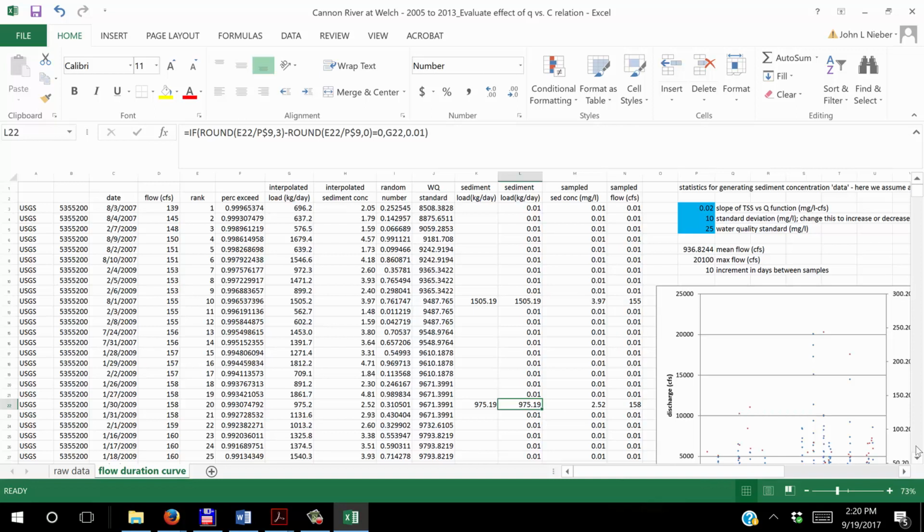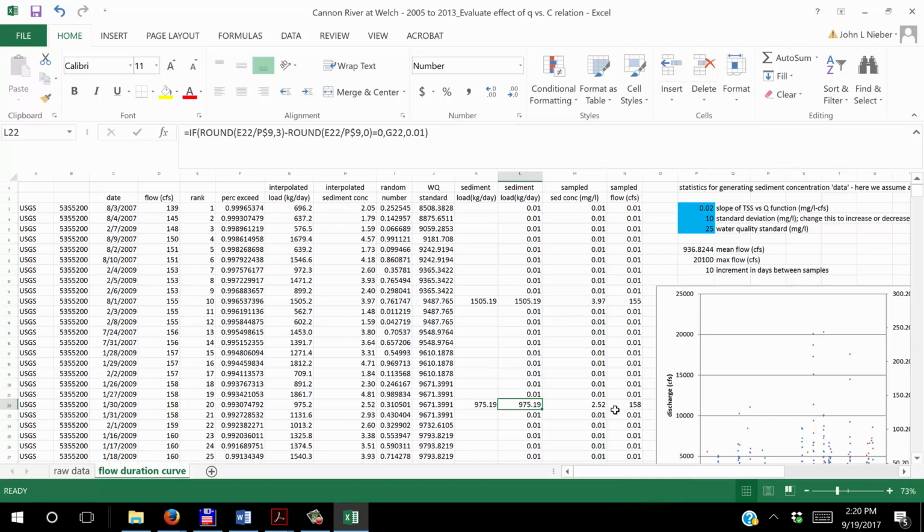Okay, so I can then plot the sample values, I should say the discharges versus the sediment load, or here we would plot percent exceedance corresponding to the sediment load. So for instance, for this one here, it would have a fraction of exceedance of 0.9965.